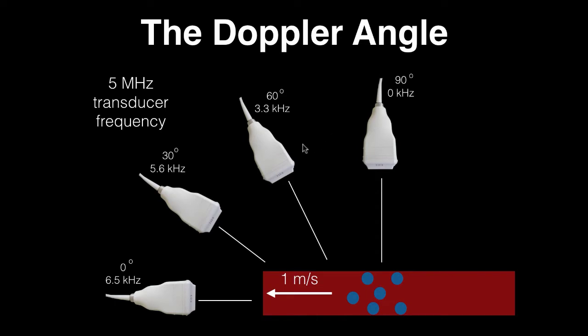So the big take-home point here is that when you're scanning, you want to be at an angle of 60 degrees or less. When you start getting at angles between 60 and 90 degrees, the interpretive error is going to be much greater with each degree of increase of that angle from, let's say, 60 to 61 to 62. So you want to make sure that your interface angle is less than 60 degrees.